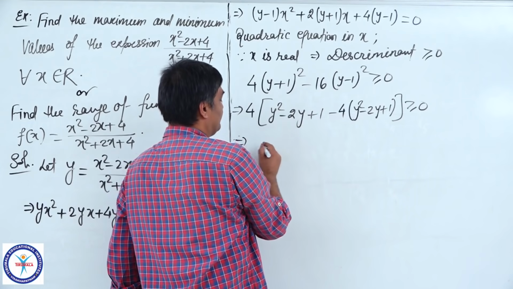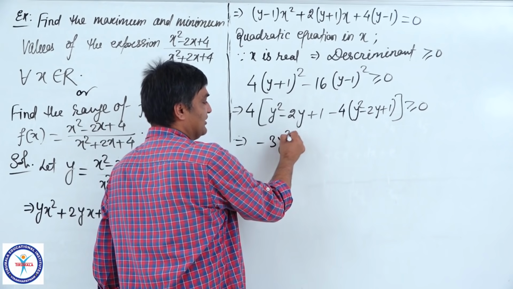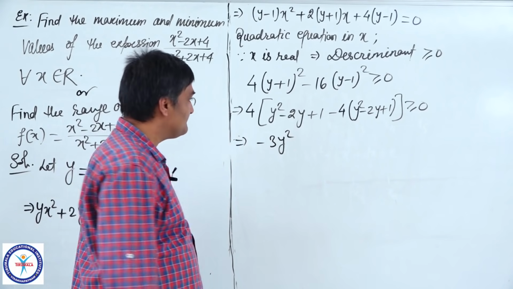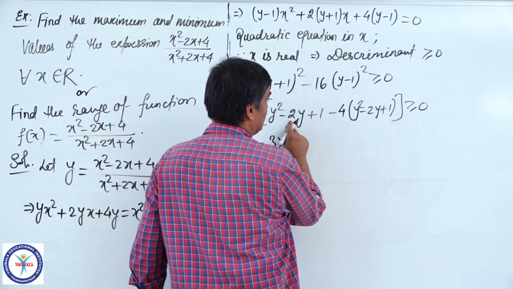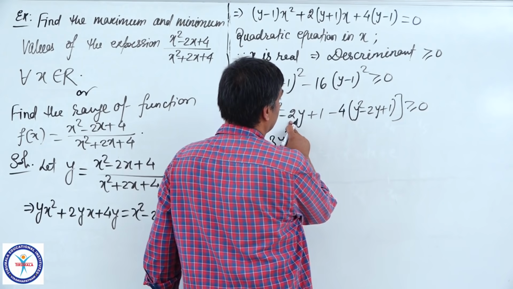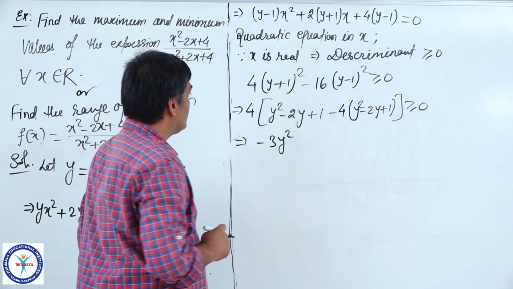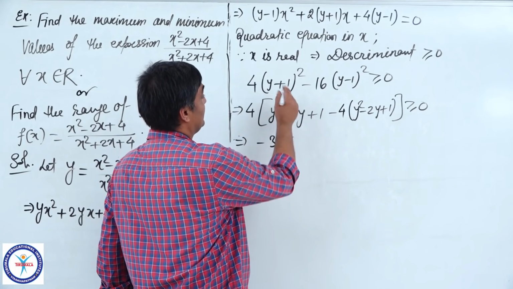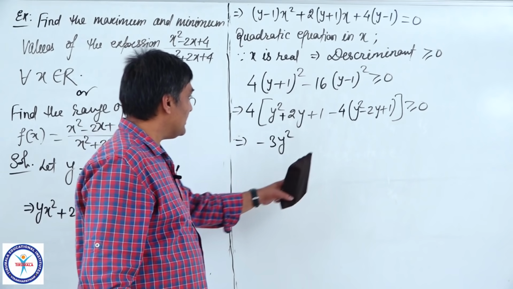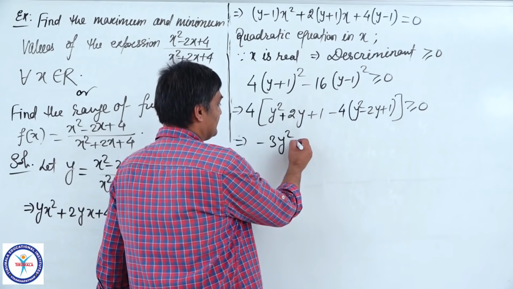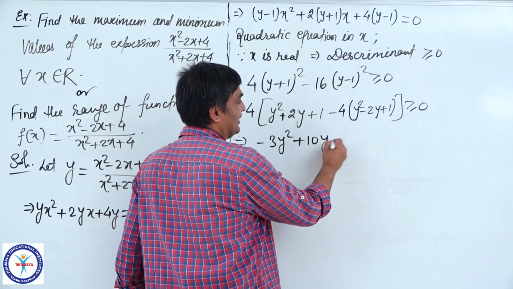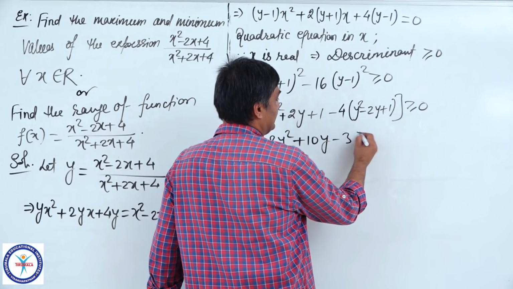Y square minus 4y square, minus 3y square, plus 2y, sorry, plus 2y plus 8y, which is plus 10y minus 3.